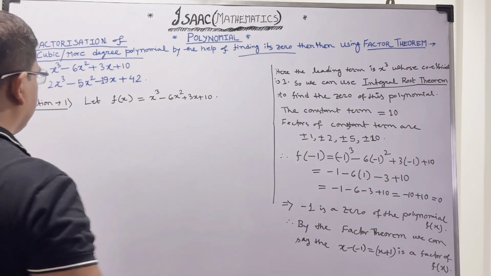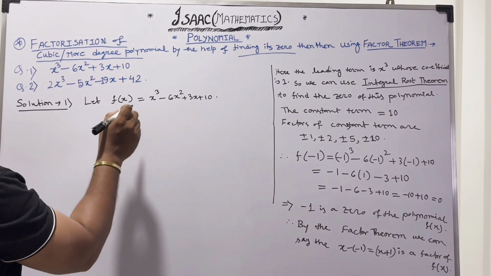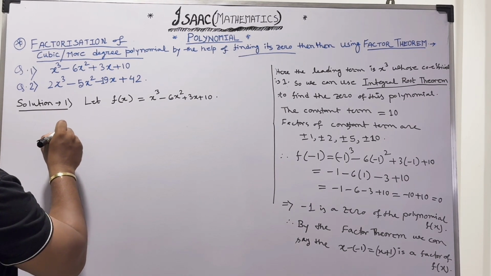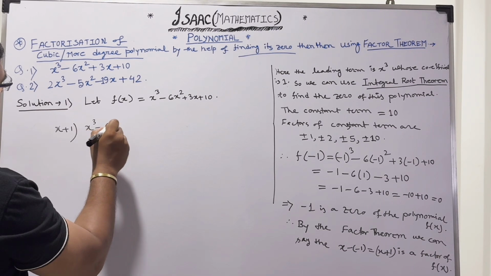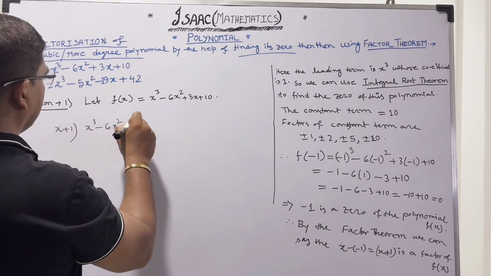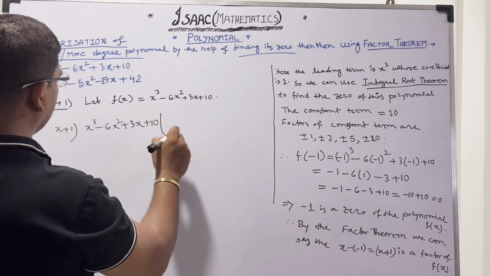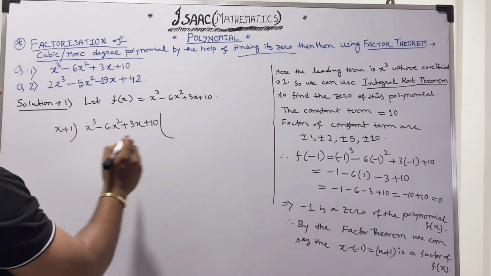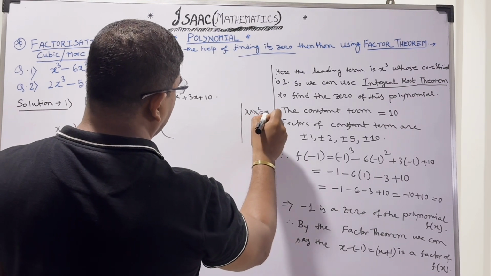Okay. Now we have to divide this polynomial f of x by x plus 1 by the long division method. To get x cube, we have to multiply this x by x square, because x into x square will give x cube.